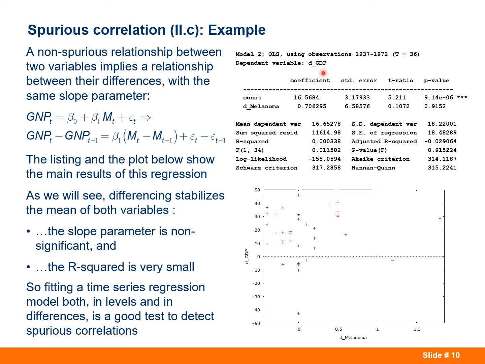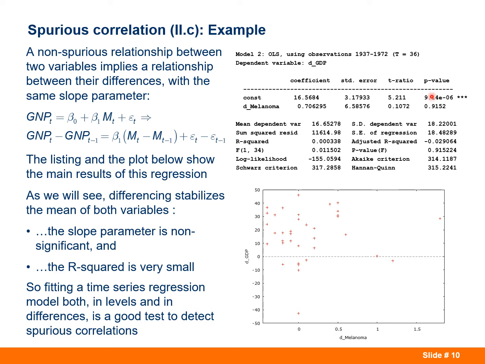dGDP is how Gretl calls the first order difference of GDP, and d melanoma will accordingly be the first order difference of the variable melanoma. In this case, this parameter is not even close to the one that we saw in the previous listing. It is non-significant, and the XY plot between both variables after differencing shows that they are not related.